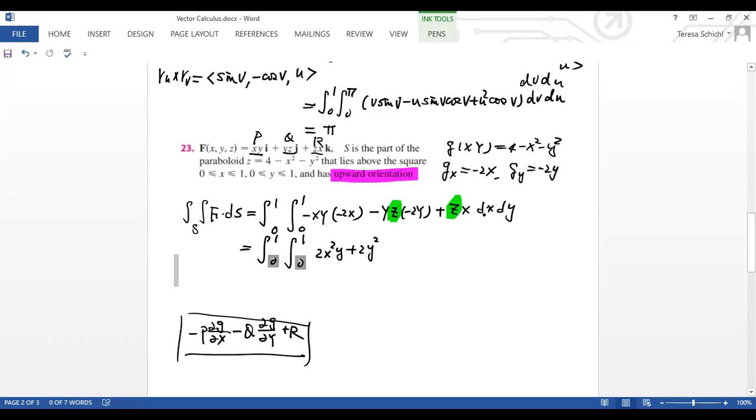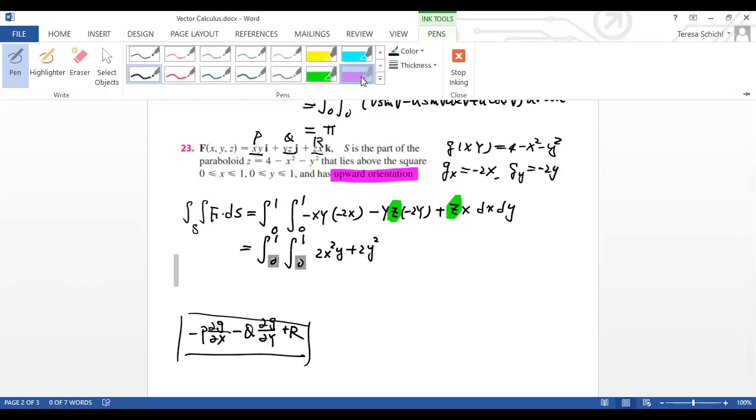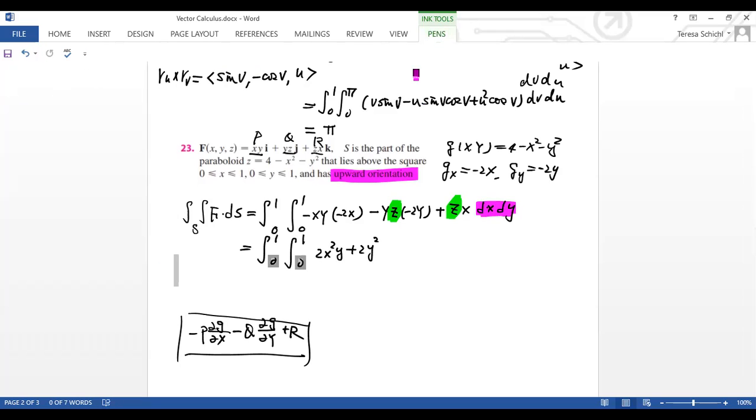Like I said, you only integrate dx dy, so that's why you need to replace z. What is z here? z is 4 minus x squared minus y squared. Then plus x, and replace z also: 4 minus x squared minus y squared, dx dy. Then you can combine and simplify that, and it becomes a very simple two-variable integral in x and y. The final answer will be 713/180.